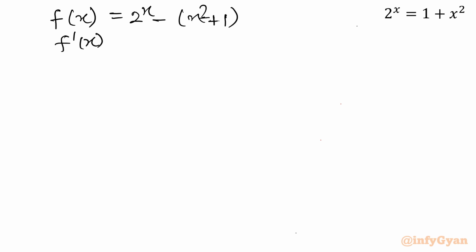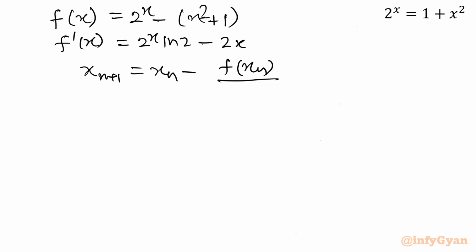Okay, let's find that third solution. f(x) equal to 2 raised to the power x minus x square minus 1. f dash x would be 2 power x ln 2 minus 2x. Now I will use the Newton-Raphson method formula: x(n+1) equals xn minus f(xn) over f dash(xn).